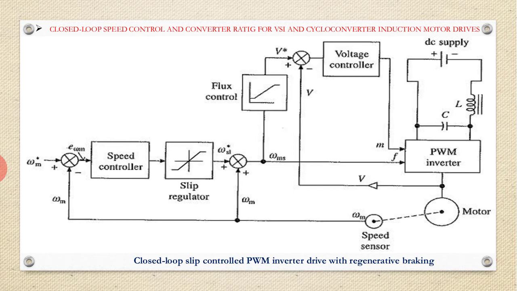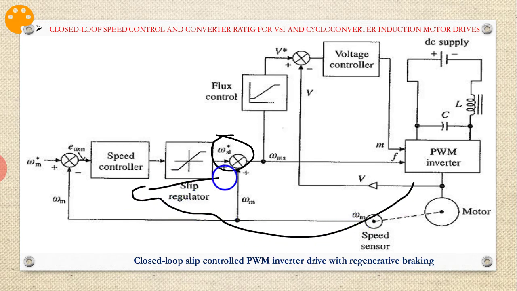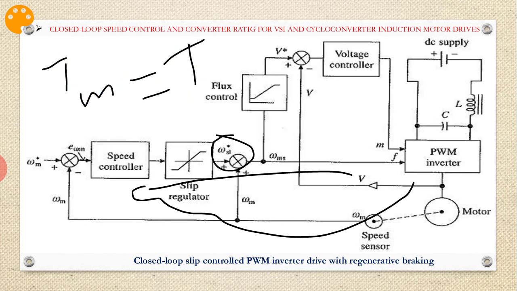Once again, a step increase in speed command gives a positive speed error, and omega star s1 will be the maximum value, so the drive will accelerate. It goes on in closed loop operation, reducing the error, and finally the motor torque balances the load torque. This is the operation for a step increase in the speed command.